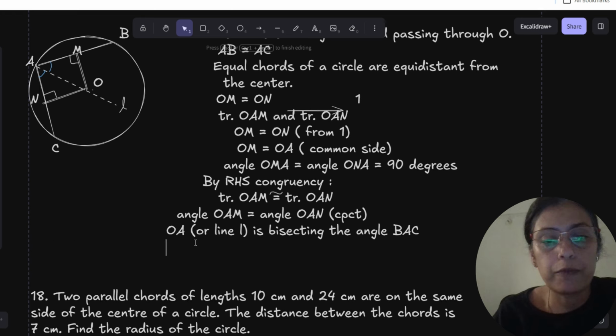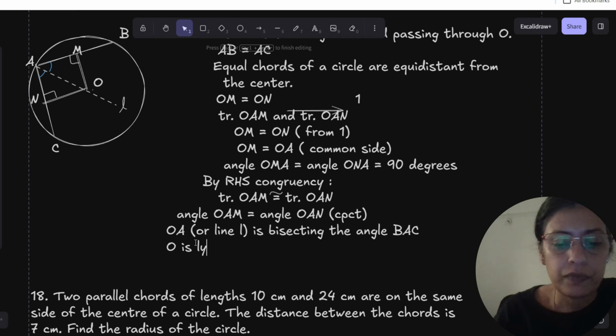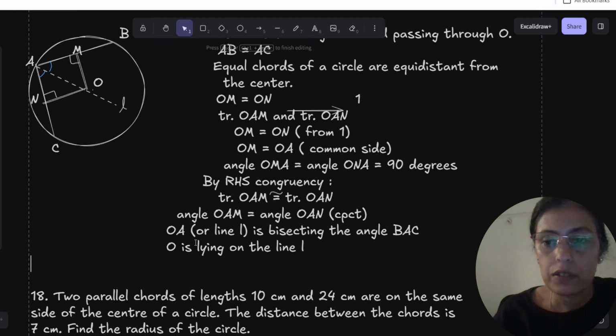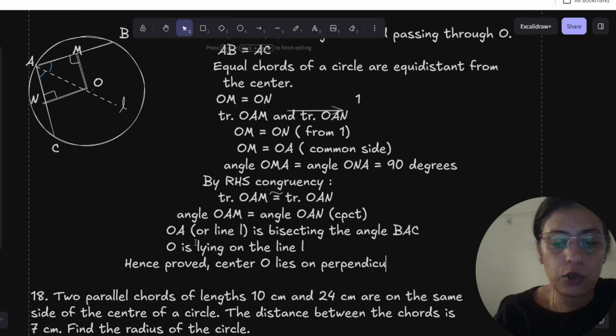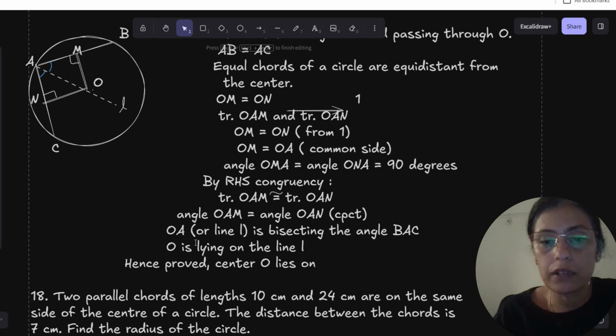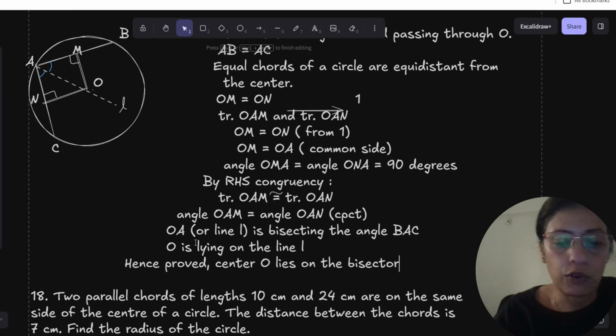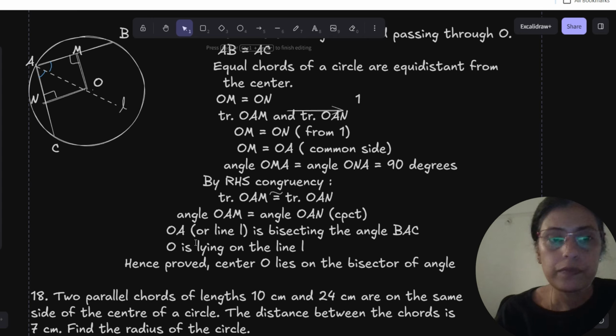We already have said that O is lying on the line L. So we can prove that, hence proved, center O lies on the bisector of angle BAC.